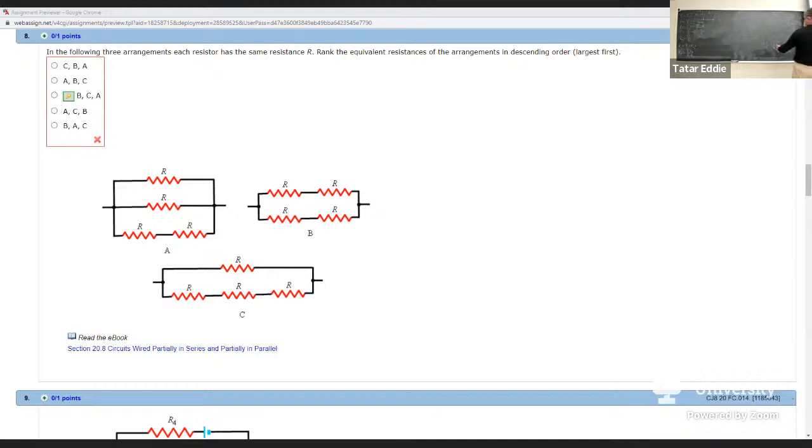And now you just have to see which is larger, 3/4, 2/5, or 1. This is what they want you to arrange them in order, from largest to smallest. So the largest is B. The next one is C. So B, C, A.